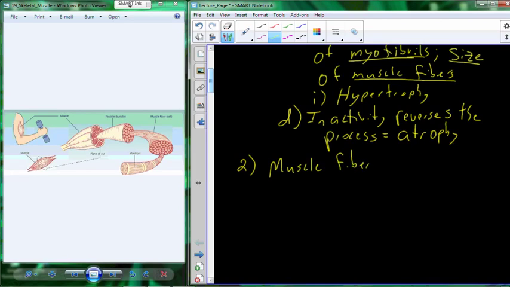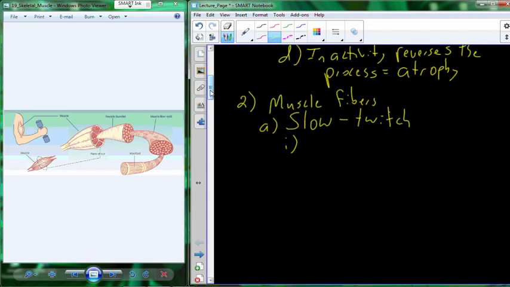As you're probably aware, there are different types of muscle fibers. We're going to categorize the types of muscle fibers into two different types, slow twitch and fast twitch. A slow twitch muscle fiber is a muscle fiber or muscle cell that resists fatigue. In other words, it is fatigue resistant.